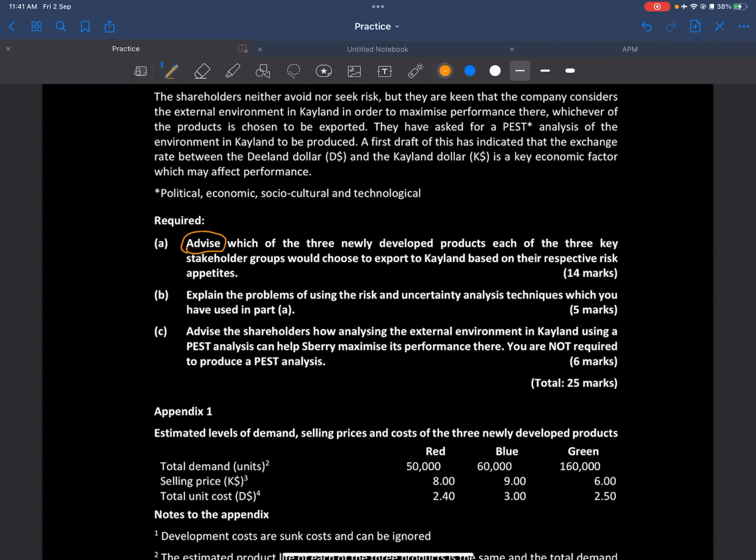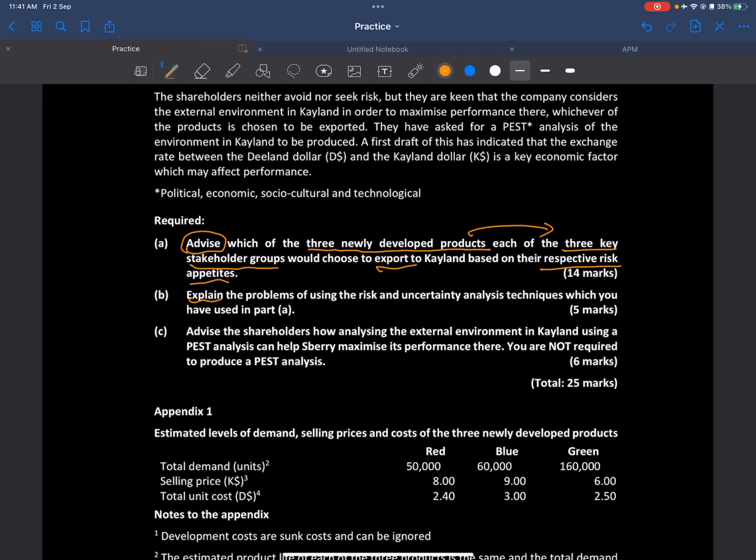Three newly developed products, each of the three stakeholder groups would choose to export to K-land based on their respective risk appetite. Okay, so we have been given three stakeholders and which market they would choose to export, right? And basically based on the three newly developed products. So we might have to make some analysis of that.